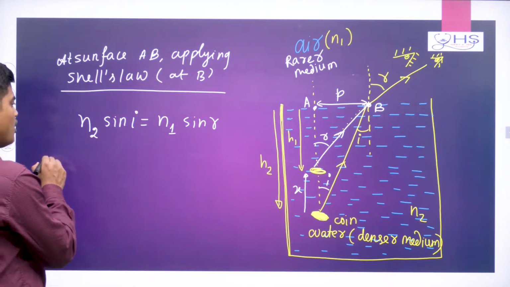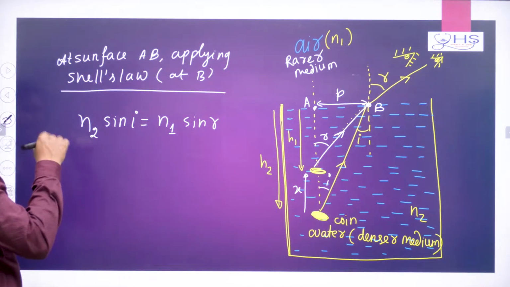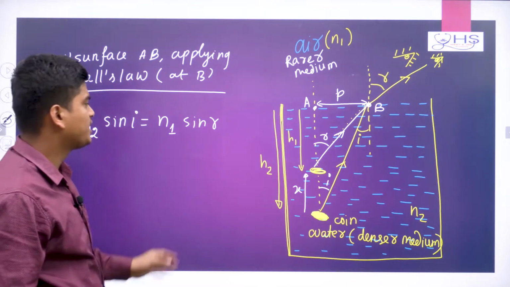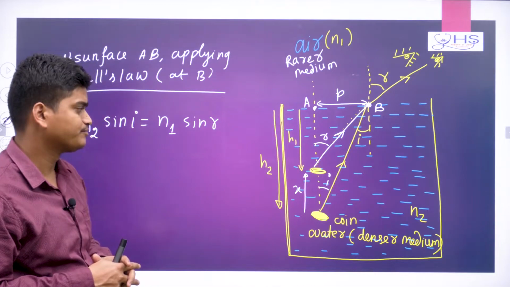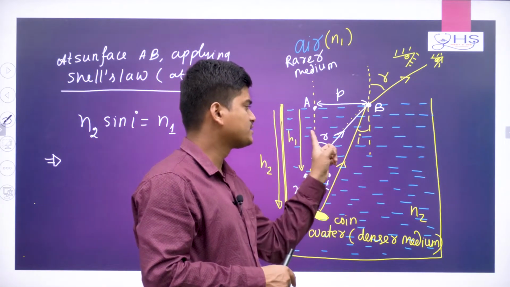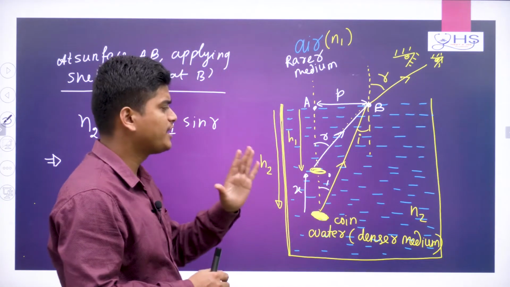Now we will do a little approximation so that sin I and sin R convert to tan I and tan R. Remember, this angle of incidence and angle of refraction are very small.